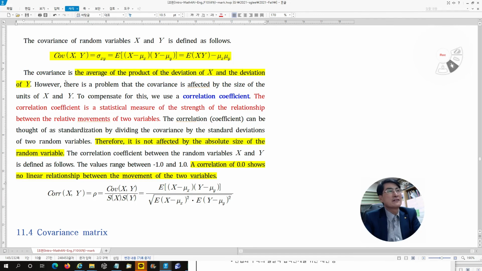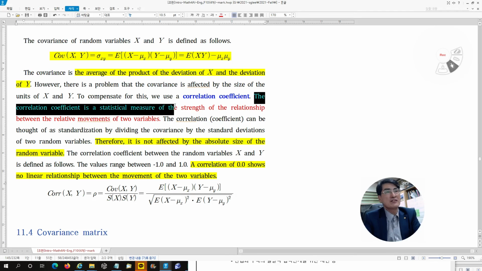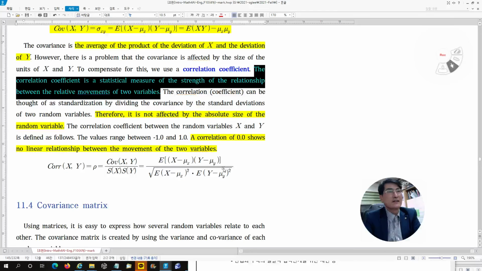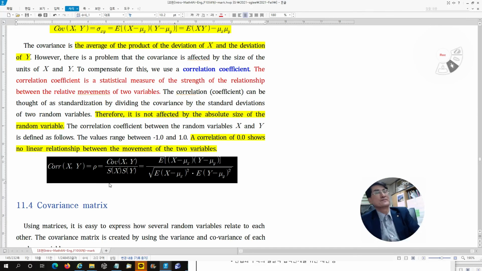However, there is a problem that the covariance is affected by the size of the unit of x and y. To compensate this effect, we use the correlation coefficient. The correlation coefficient is a statistical measure of the strength of the relationship between the relative movement of two variables, which is defined in this way.